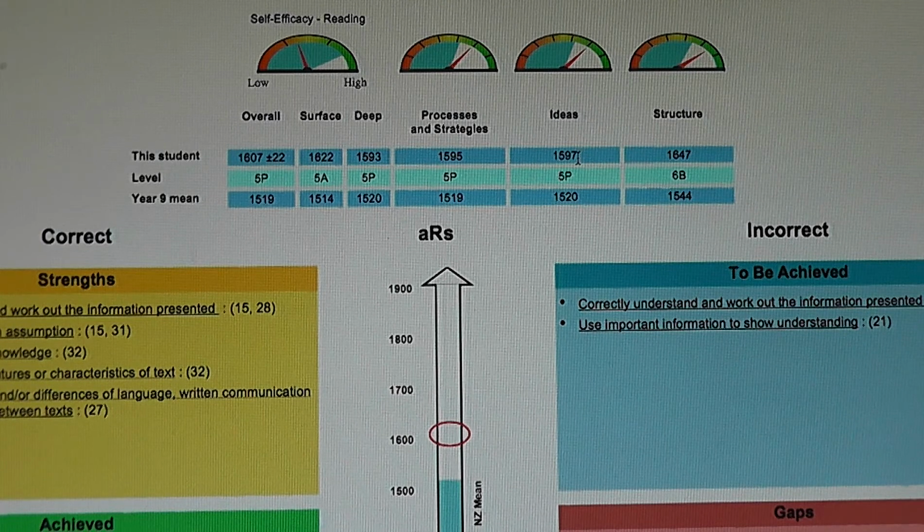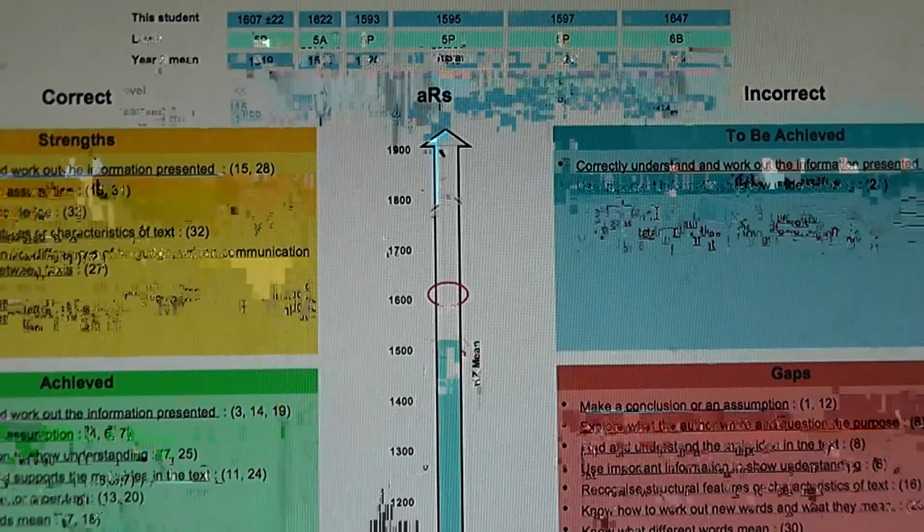How well can she read a blob of text and pick the key ideas out of it? And again below here, the mean for the whole country at that time, October 2013, was 1520, but she is 1597, so she's well ahead of where the average for the country is. And similarly for structure, their ability to pluck structure out and identify how texts are structured, she's got a really good score there as well.